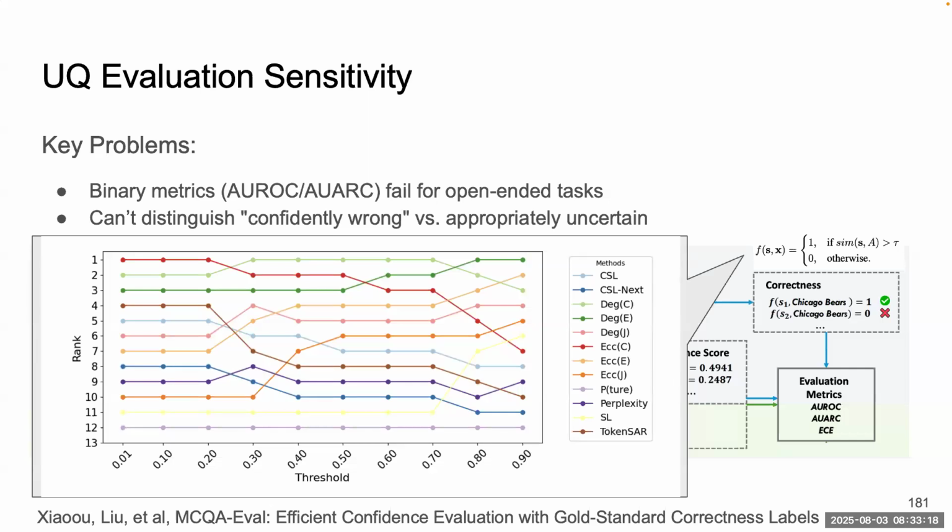If the threshold changes, the ranking of your uncertainty quantification methods also changes. So it's very sensitive to the threshold you're deciding on for whether it's correct or not. Even when the threshold is very high, a lot of methods are still dropping.